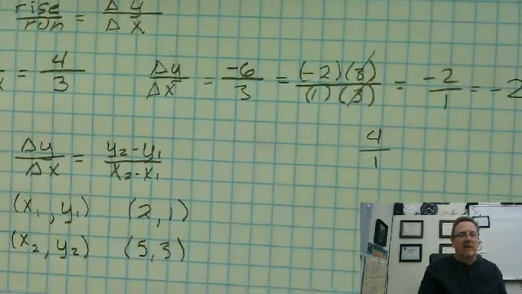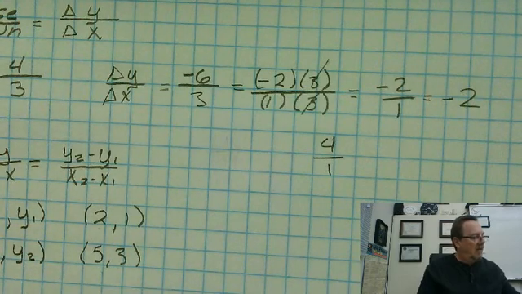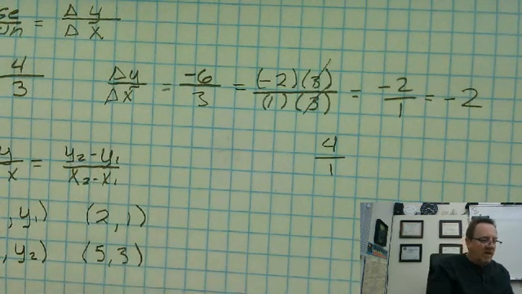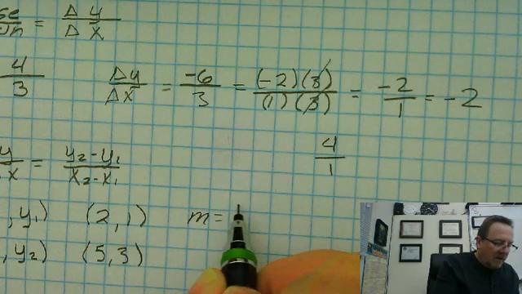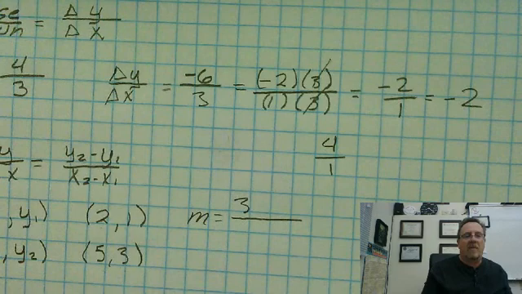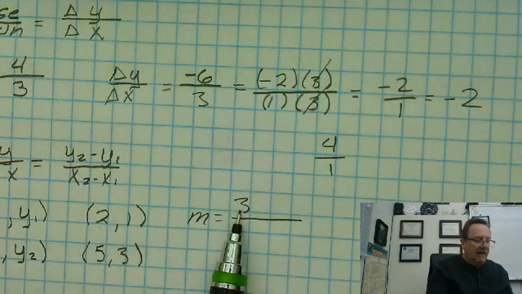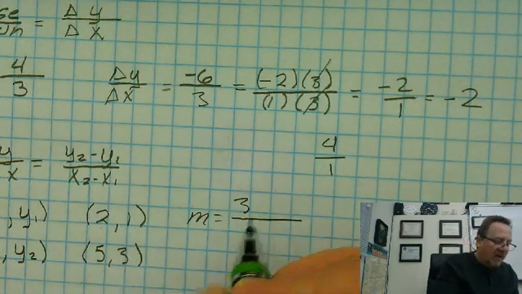Okay? Here we go. We have our formula that says we're going to take y2 minus y1. So remember, y2, the y value for point 2, was 3. So I'm building my fraction, my slope fraction. The y2 value was 3. The y1 value is 1, since that's the y value for point 1.